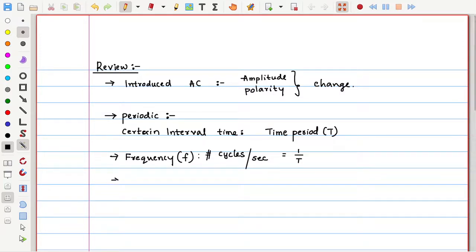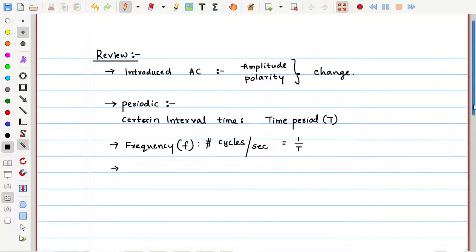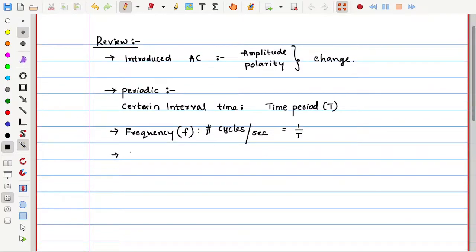And apart from this, out of various kinds of AC waveforms, the sinusoidal waveform is very interesting due to certain characteristics that we will come to know a little later.